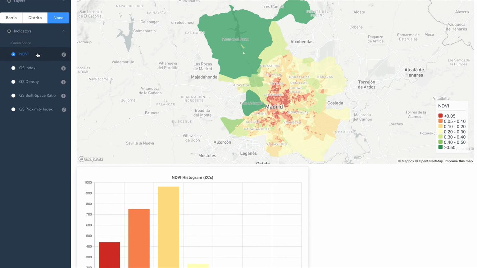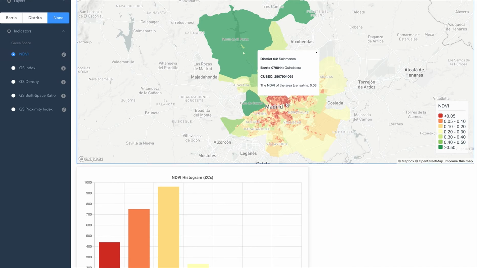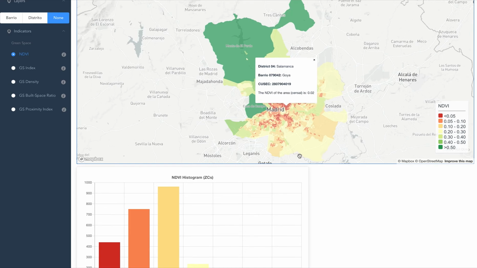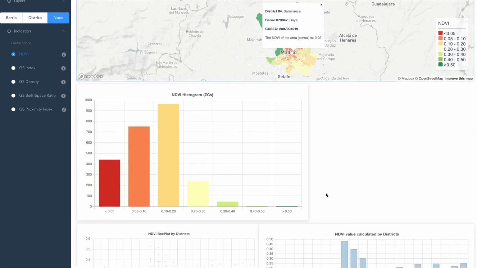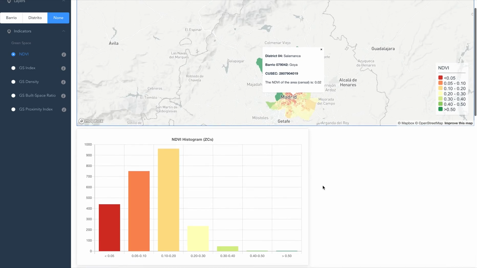For instance, NDVI with the different values that they have in each of the census tracts, and coming together with some histograms that can be used in order to provide policies or discuss policies that may be used whenever we want to understand the evolution of these indexes according to some of the policies that we are generating. So this is the case for NDVI.